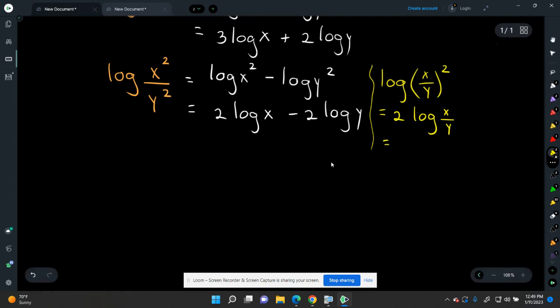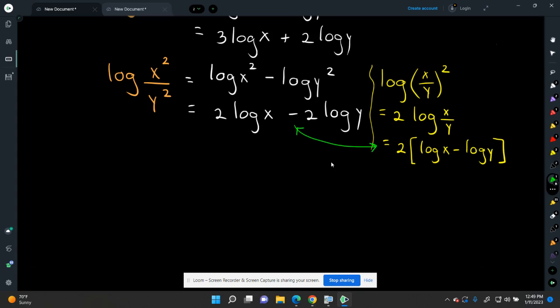So if I did that, it's 2 times log of x divided by y. So I'd have to put it in parentheses like this. These are equivalent answers, right? If I distributed that 2, I'd have 2 log x minus 2 log y.